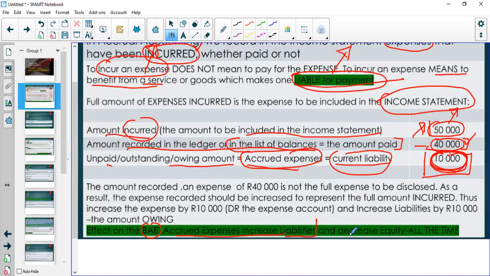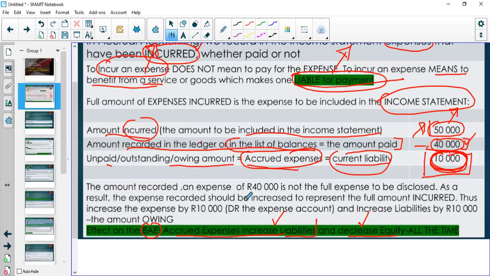We also record a decrease in equity because we have added an extra expense. As you know, when expenses increase, our equity decreases. So the effect of accrued expenses is to increase liabilities and decrease equity. They have no effect on assets.